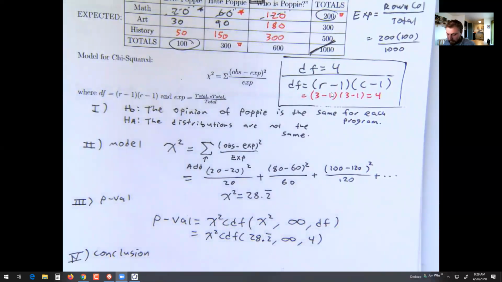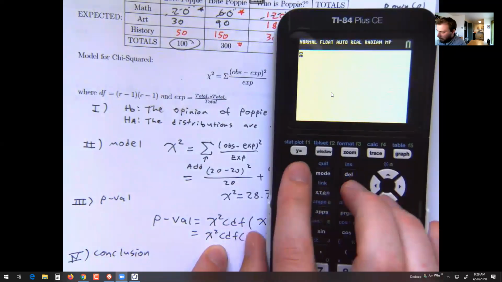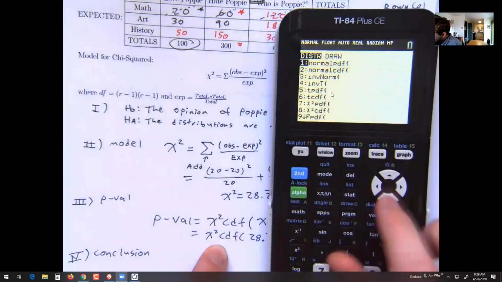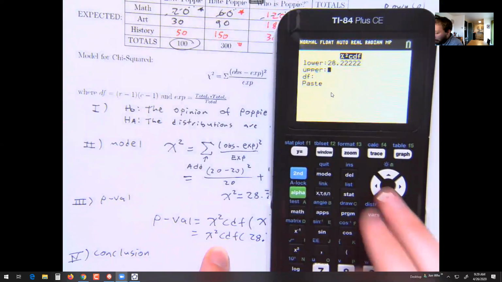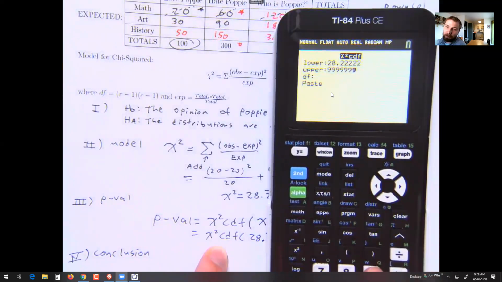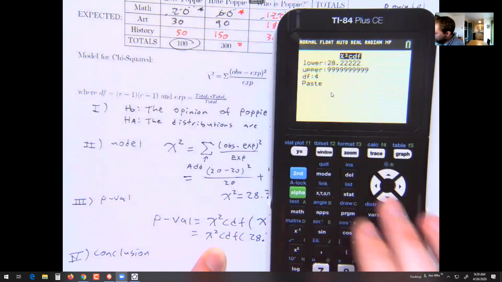If I am inside a TI-84, I find this by doing second vars. So second vars, chi-squared CDF, 28.22 repeating. High value is infinity, so I'm just typing in a whole bunch of 9s. Degree of freedom, 4.